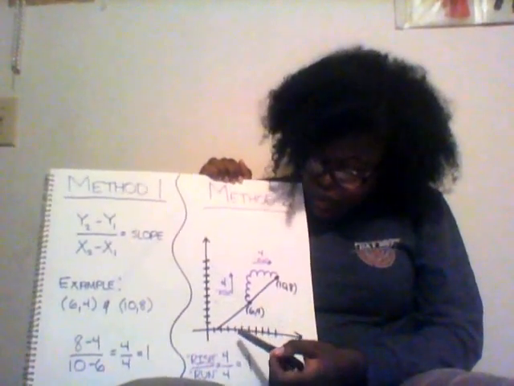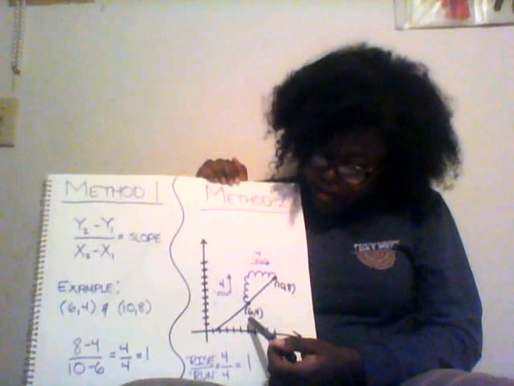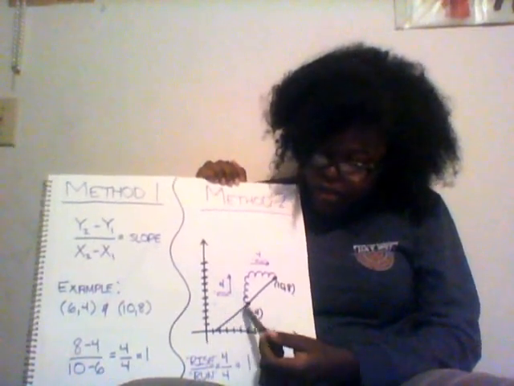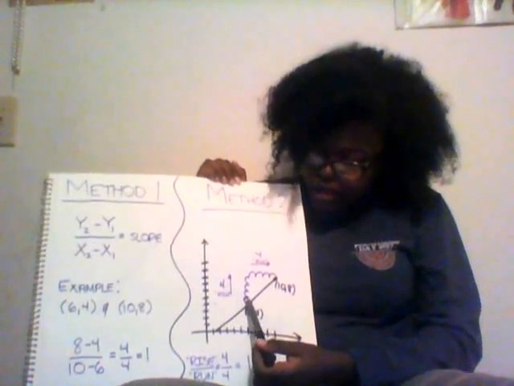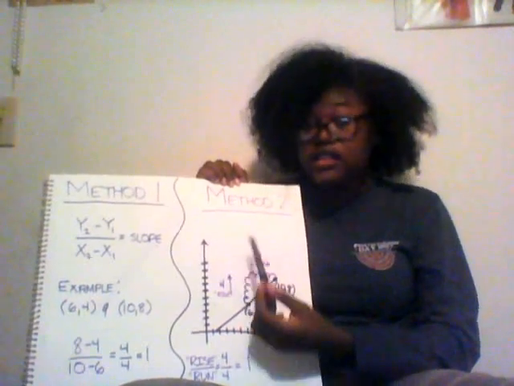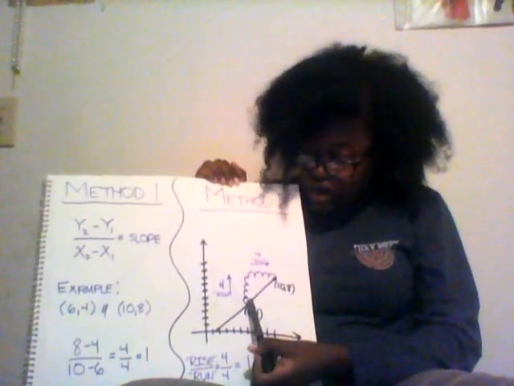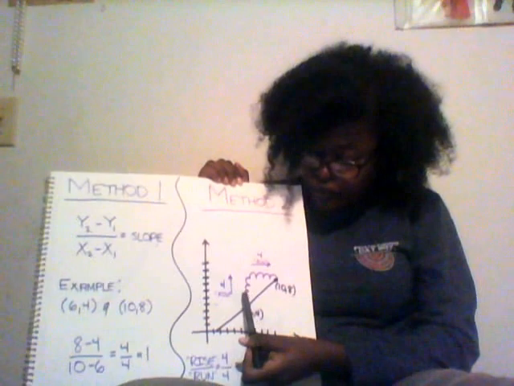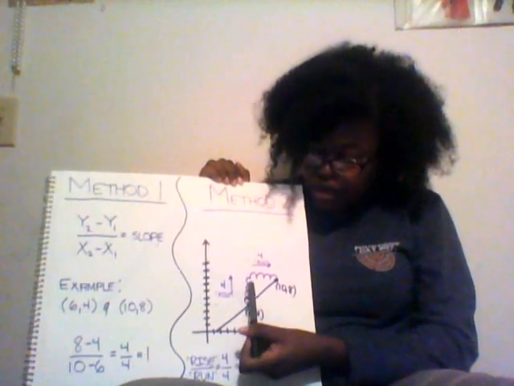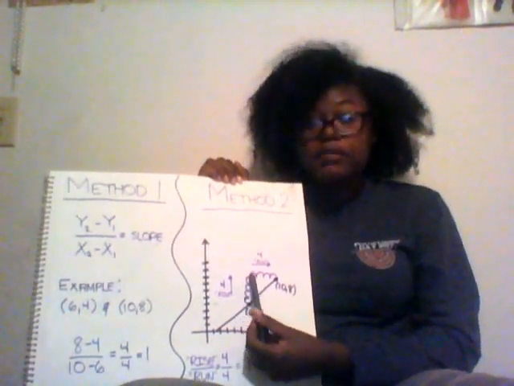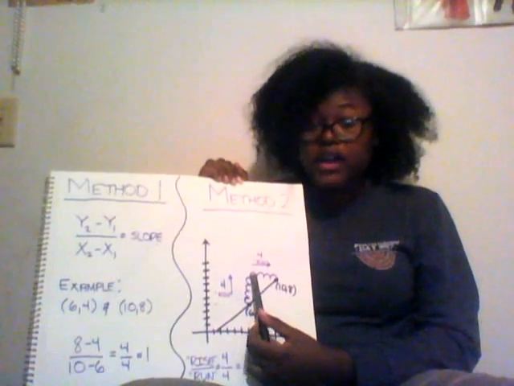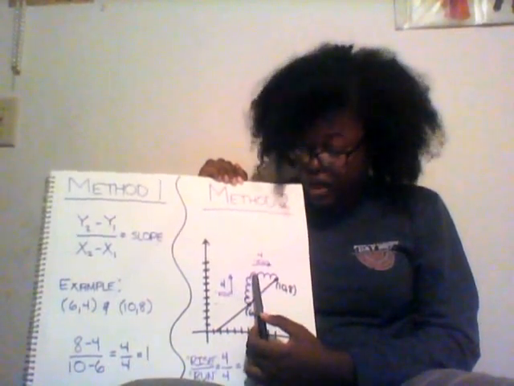So what you do is, starting from any arbitrary point on the line, you count how many times the line itself rises from the x-axis. So here you see 1, 2, 3, 4. So that means that the line itself rises 4 times in the y direction.